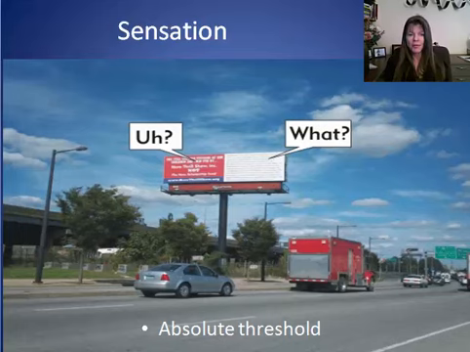But in order for an advertisement of any kind to be sensed, it must meet the potential customer's what is called absolute threshold. So the absolute threshold is the minimum level of a stimulus that is needed for an individual to experience a sensation. The lowest point at which someone can detect something.